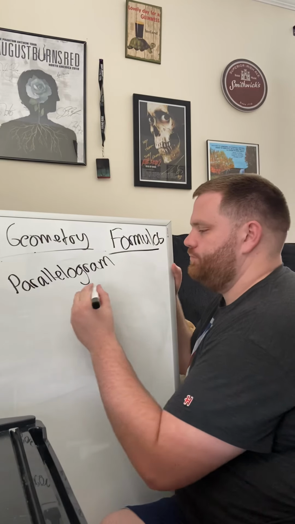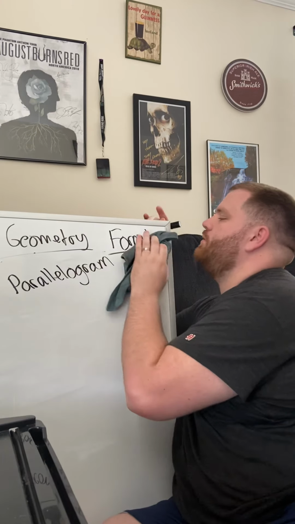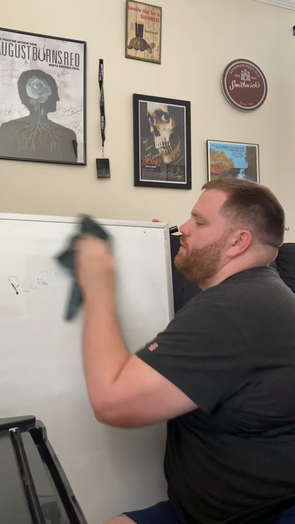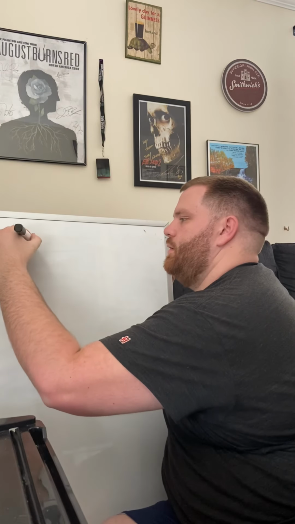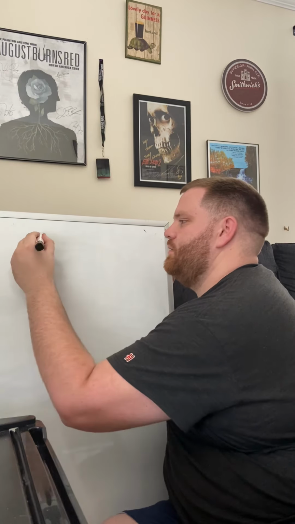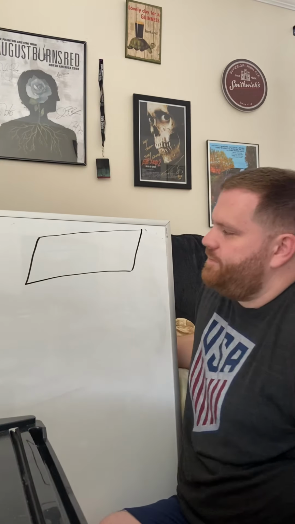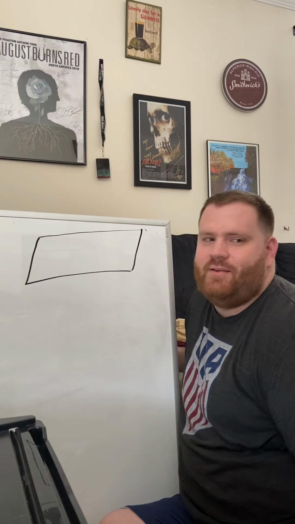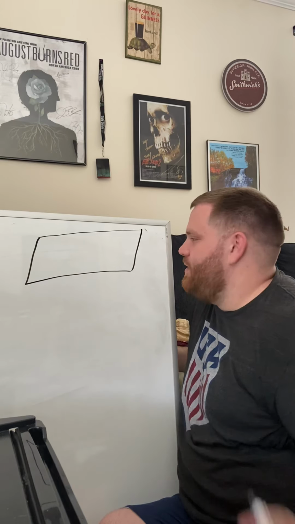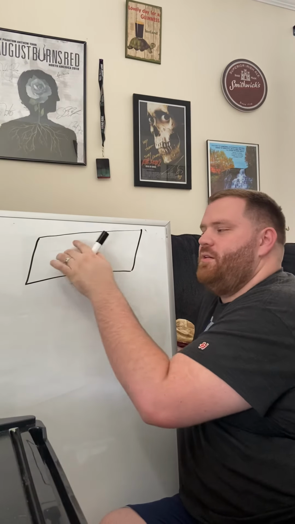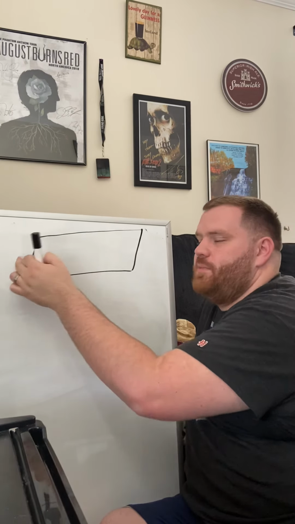Let me try to draw one for you. A parallelogram is kind of a rectangle at a slant. You guys see what I mean there? It's not quite a rectangle, but it's at a slant, right? It's kind of the same thing here. The sides opposite from each other are the same length. So if this was 5, this would be 5. If this was 2, this would be 2.